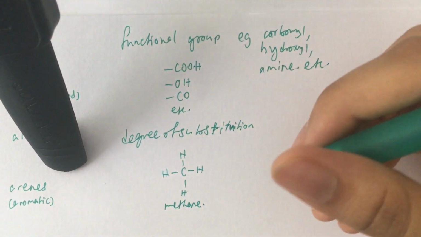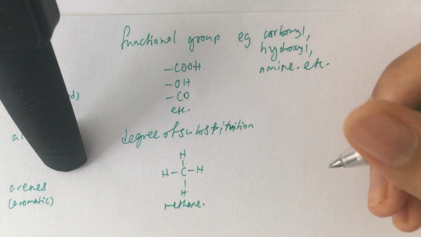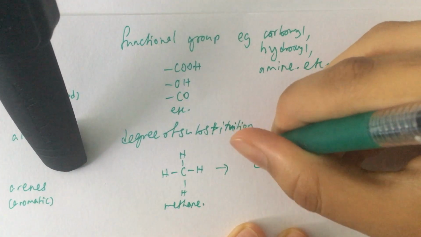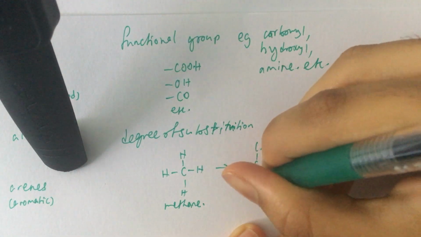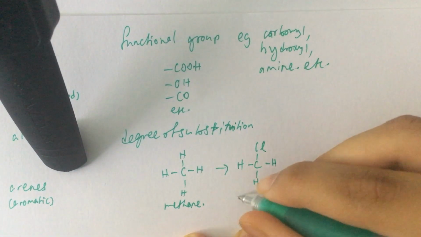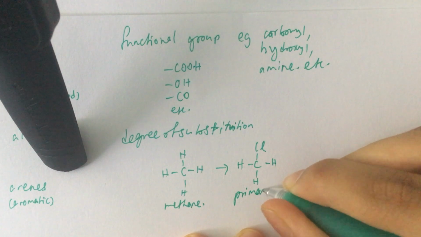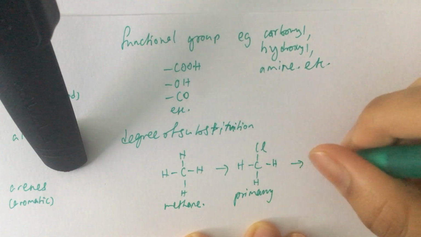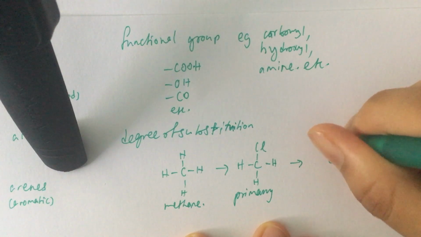Wait, methane is CH4. Sorry, I said it wrongly just now. For alkanes it's actually CnH2n+2. So alkene would be CnH2n. Yeah, sorry. Never mind about that. So for C, we have 4 different bonds.